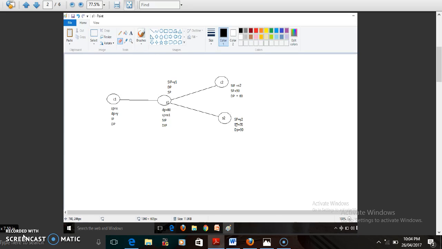Server gives the response to the client for the request sent. Here clients C1 and C2 are connected to the server S1.